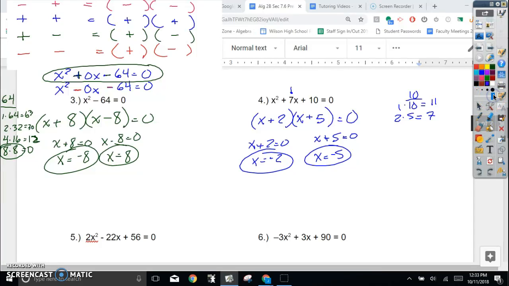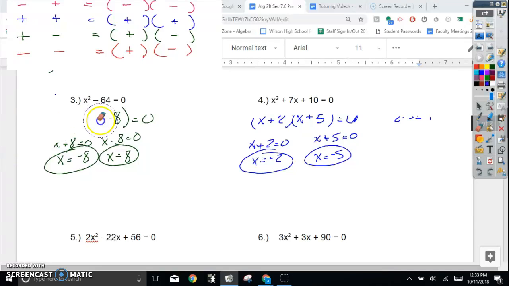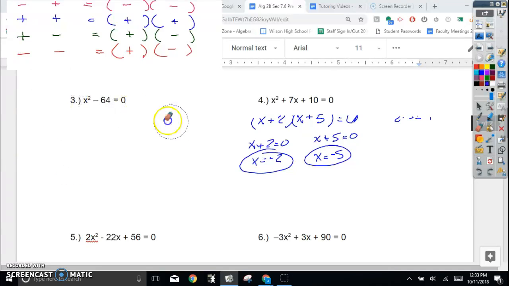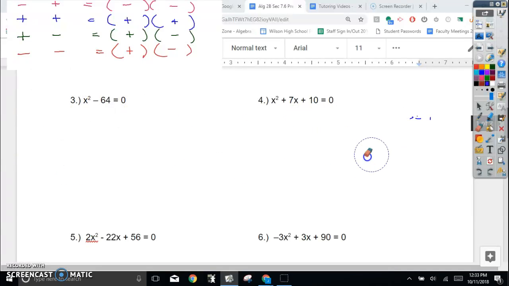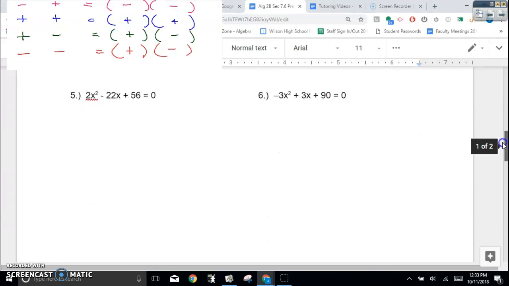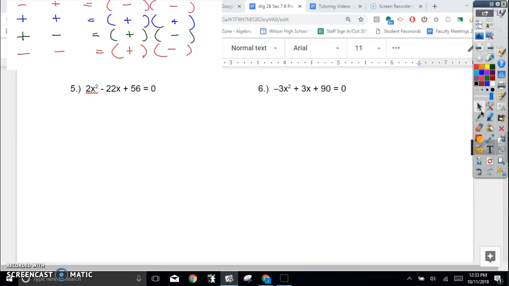Okay, so again, let me erase what I'm doing here, and I'm going to slide the screen up, so that way I can work on the next two, which would be 5 and 6. All right, and here comes 5 and 6. Starting with 5, looks like we have different signs there.